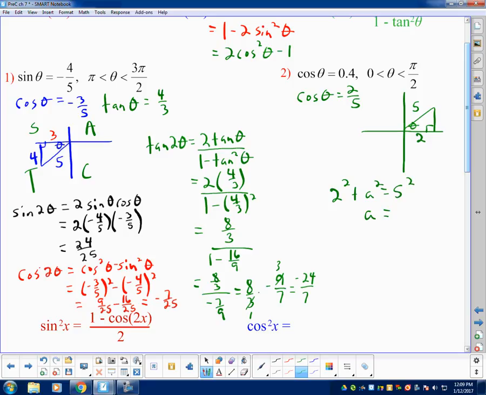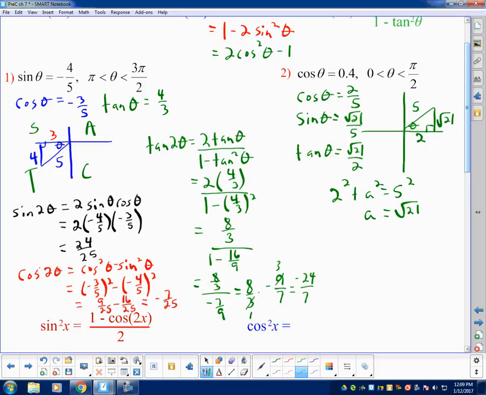So a equals 25 minus 4 is 21. So we have root 21. So then we'd have our sine theta equals opposite root 21 over 5. And then tangent theta equals opposite root 21 over 2.